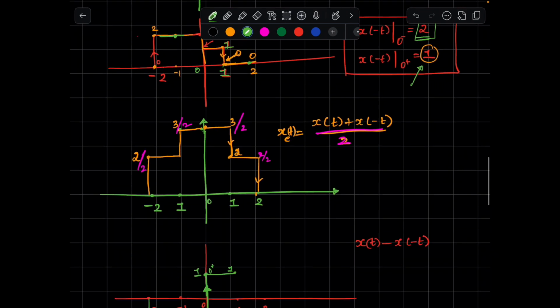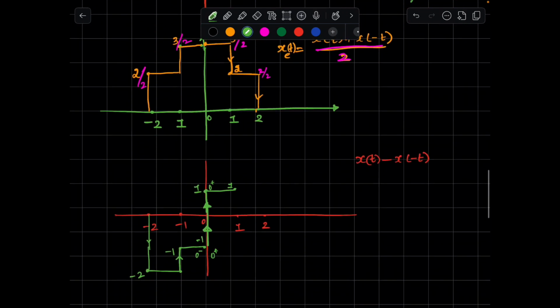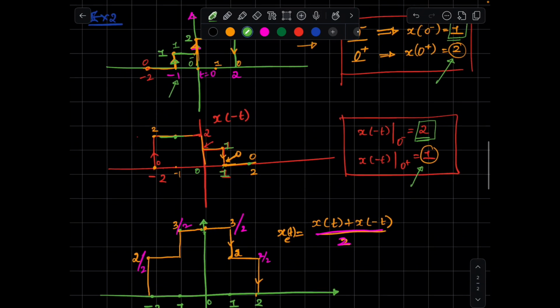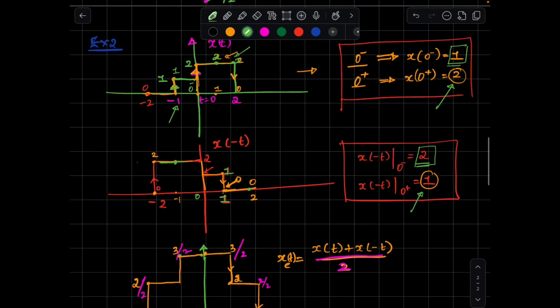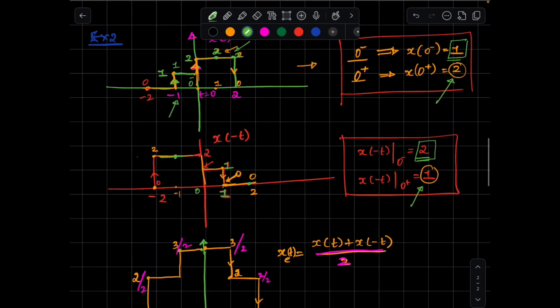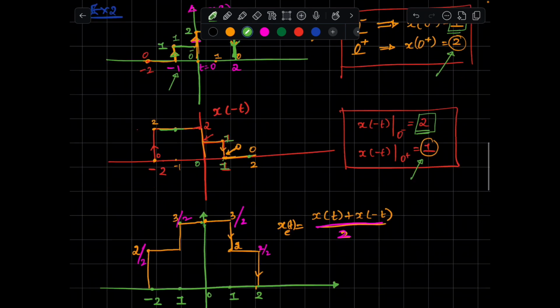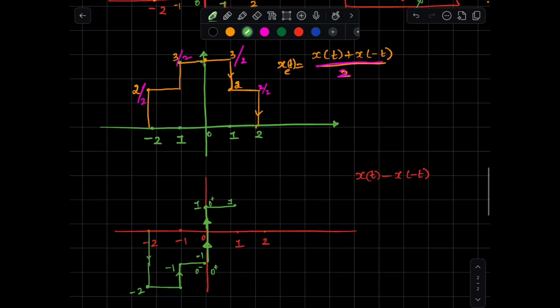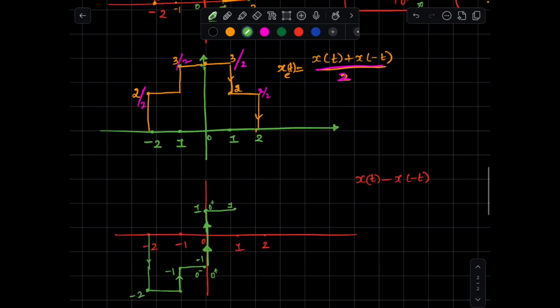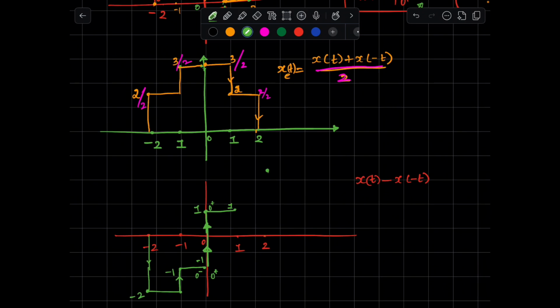So 2 minus 0 should be equal to 2. Just before 2 the first signal is going from 2 to 0, and here it is nothing. So this one should go from 2 to 0. So this will be the shape.